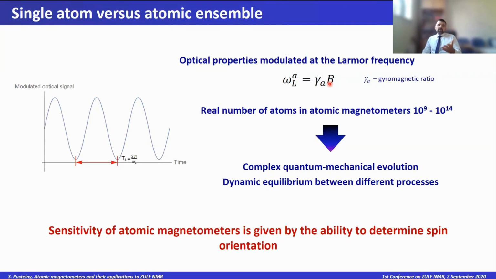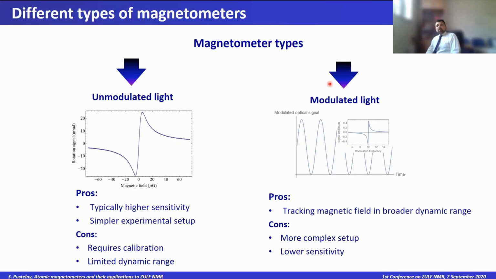And how well you can determine your spin determines the situation. So before we ask ourselves how precisely we can determine the magnetic field, we should talk about two different situations in which you can study the dynamics of the system.